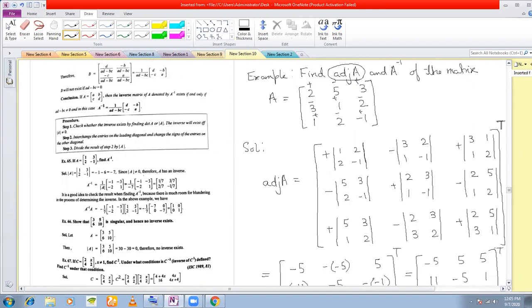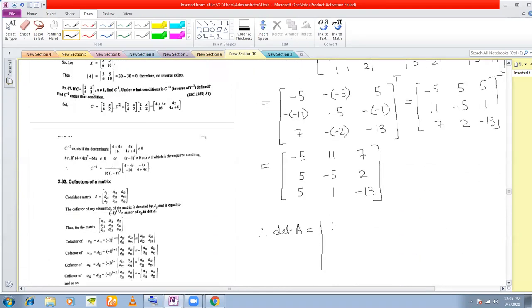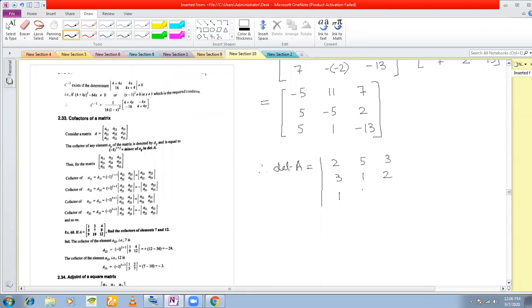The matrix A was 2, 5, 3; 3, 1, 2; 1, 2, minus 1. Okay, this was our matrix.